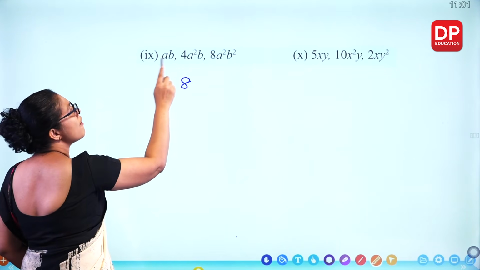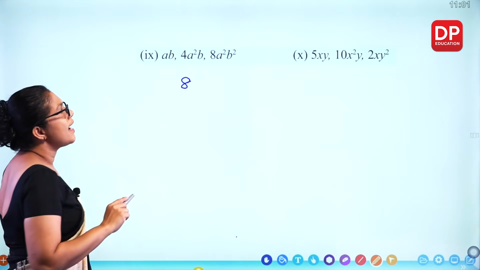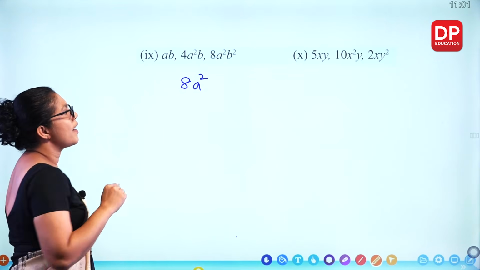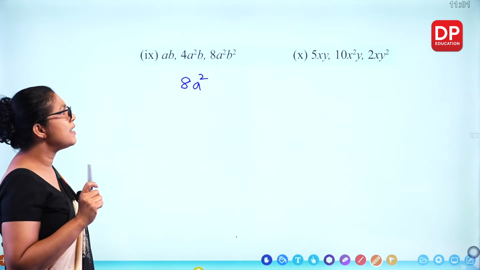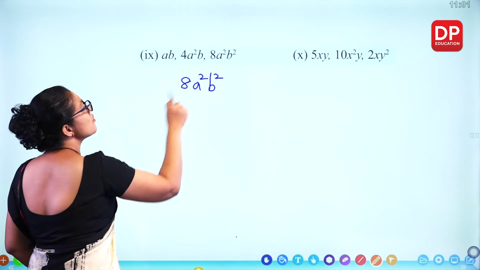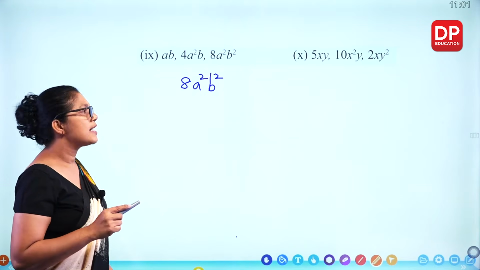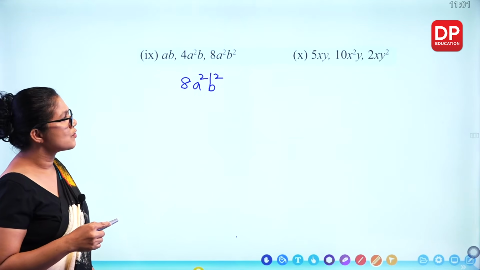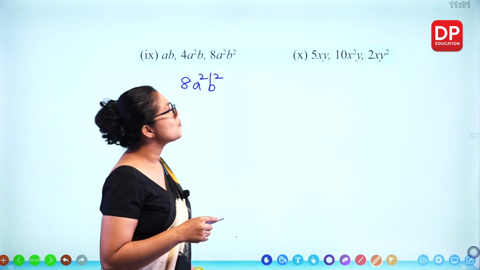Now think about the power of a. What's the highest power of a? You get a squared. What's the highest power of b? You get b squared. So what's the least common multiple of this expression? 8a squared b squared.